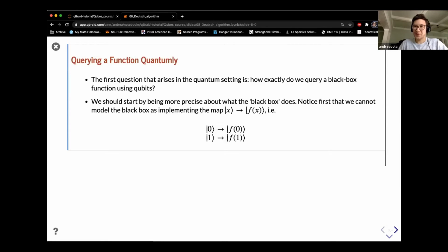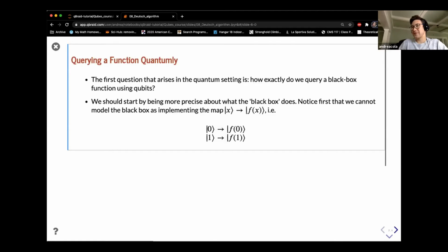And I told you we'll have an algorithm quantumly that only takes a single query, but we'll have to make a caveat on what it means to query this function. The caveat is that we will have quantum access to the function in some sense. Let me be a bit more precise about what I mean.